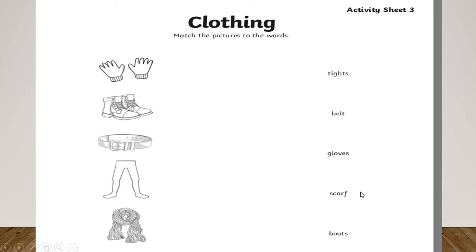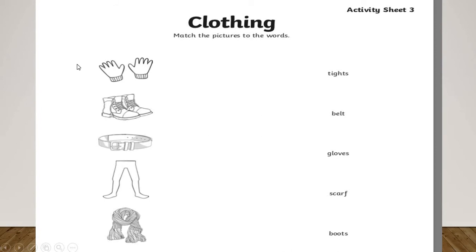The fourth option is scarf, which you usually wear around your neck. And the fifth one is shoes, which you wear on your feet. So here you can see the pictures. I'll give you 2 seconds to match each and to shout the answers for each of them.